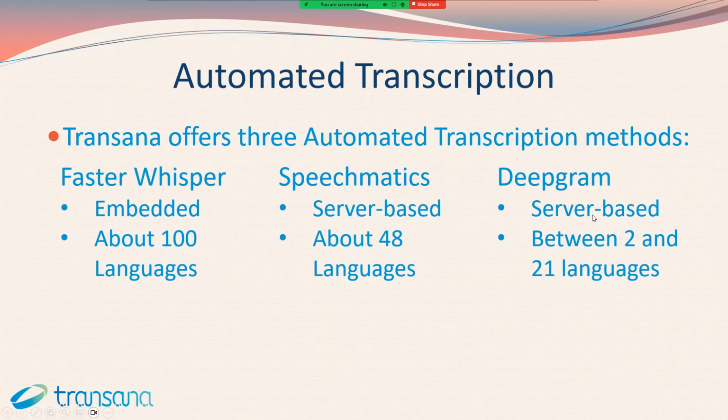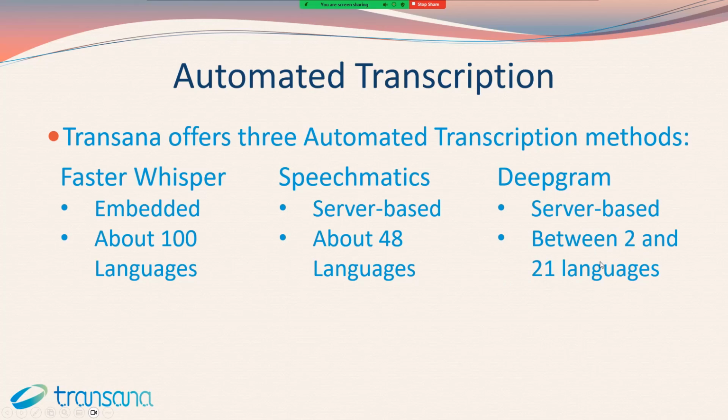As I mentioned earlier, DeepGram has 3 different models, and DeepGram has made the choice to support different languages with different models, whereas Speechmatics and Faster Whisper support all languages for all models. So DeepGram's Nova model only supports English and Spanish, whereas their base model supports 21 different languages.